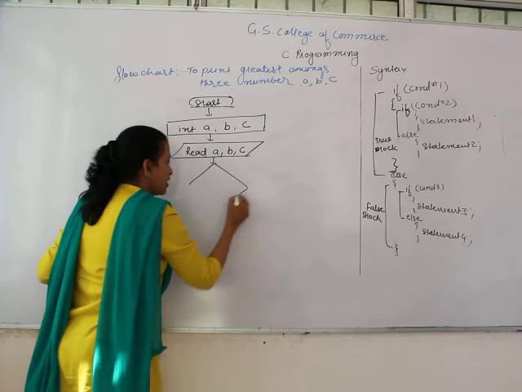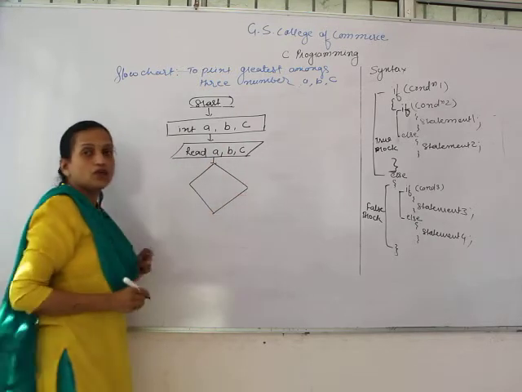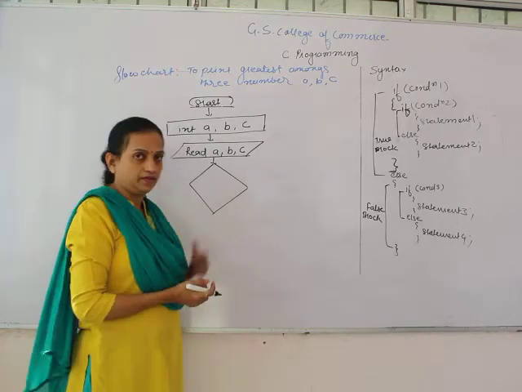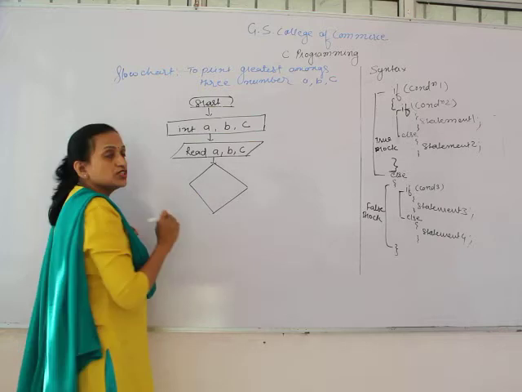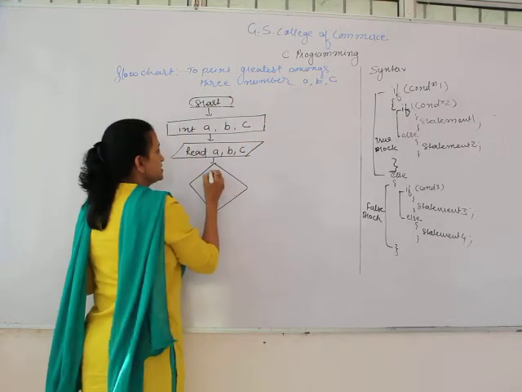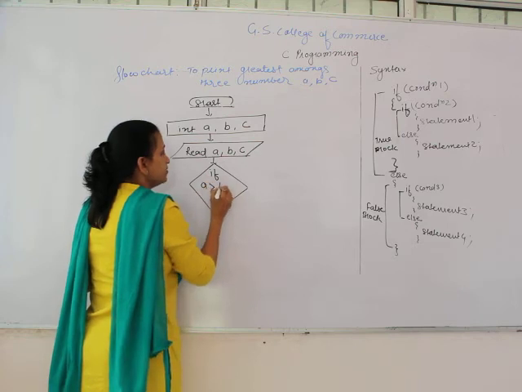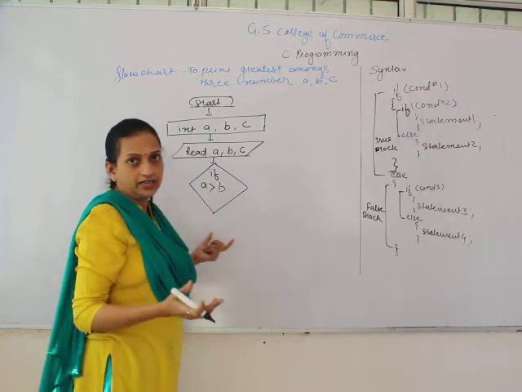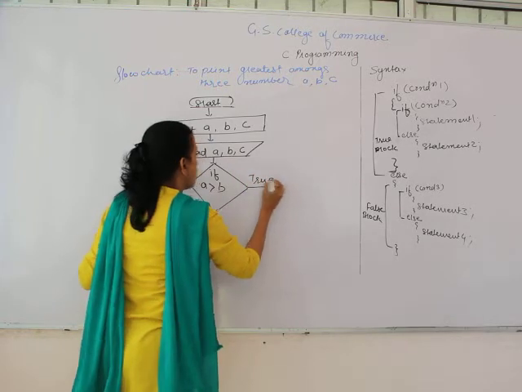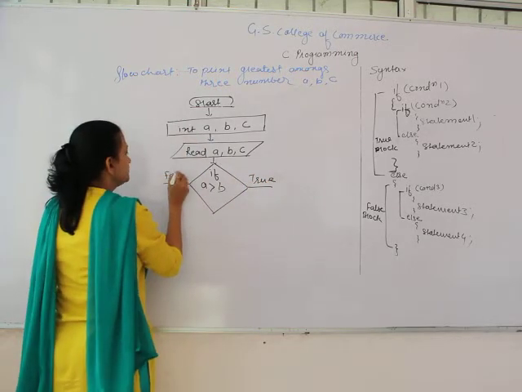Once you input the values of the 3 variables, it is time to check the 3 numbers. First we have to compare 2 numbers, that is, if a is greater than b. So again there are 2 possibilities, either this is true or false.